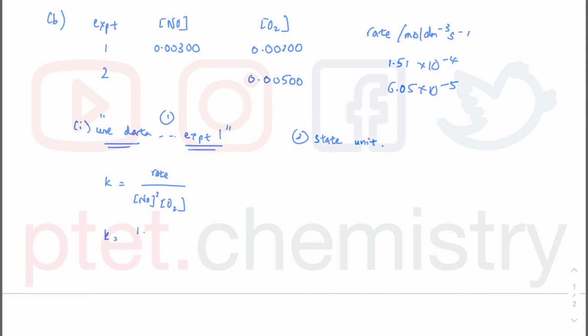Put in all the values from experiment 1: 1.51 times 10 to the minus 4 divided by 0.00300. Don't forget to square that on your calculator. On the other end, I will have mole per dm cube per second. That's the unit for rate. And at the bottom, I'll have mole per dm cube squared as well as mole per dm cube.